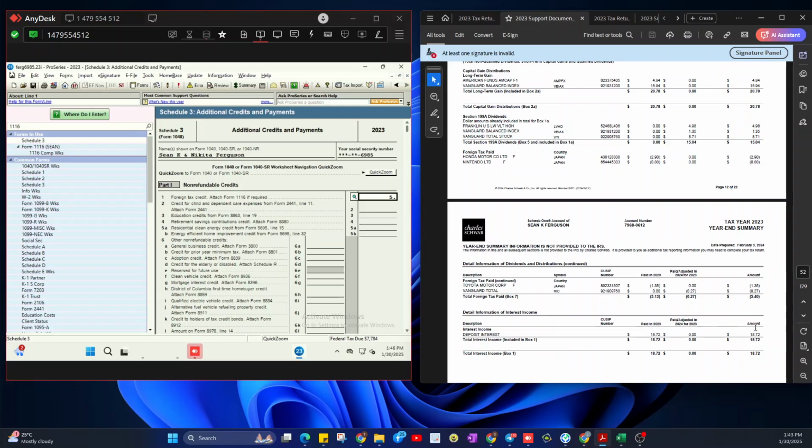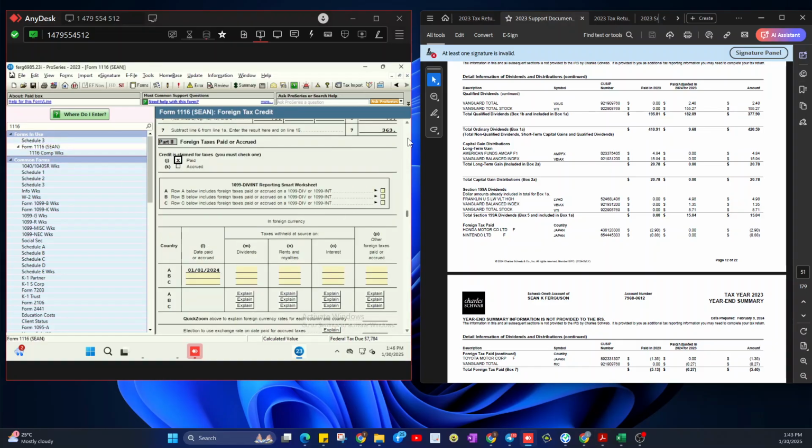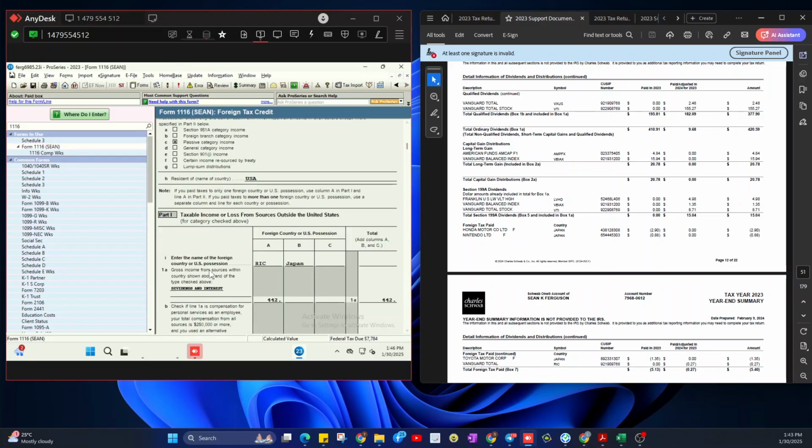There. All right, so this is when you have a foreign tax paid. So this is how it's being done. So this is the total amount paid and the total amount, call this, we will go here, taxable income or loss from sources outside the United States.